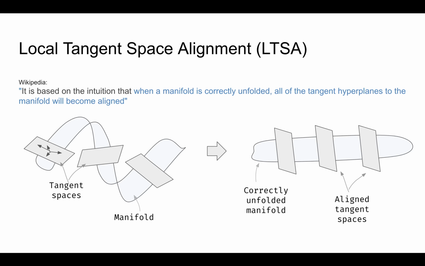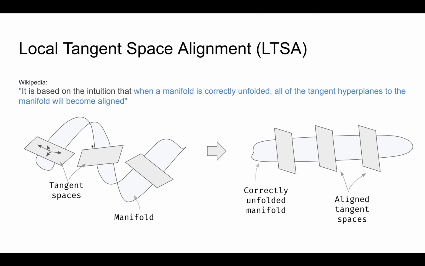So the idea then, this is the Wikipedia definition up there, is that when a manifold is correctly unfolded, then all of the tangent hyperplanes to the manifold will become aligned. And here is just my intuition of visualizing what the local tangent space alignment could look like.